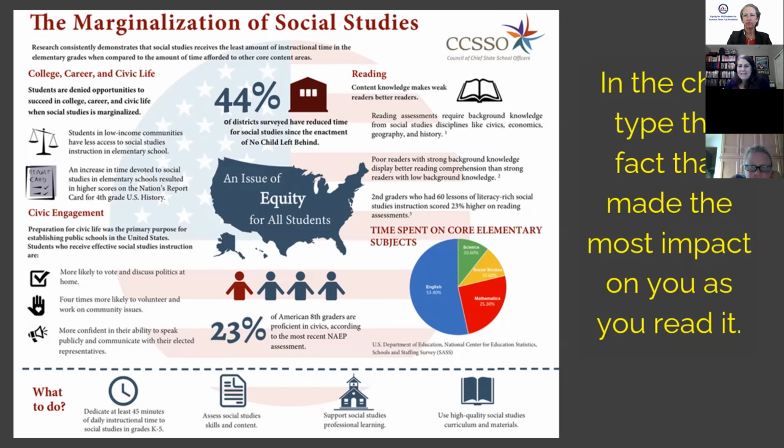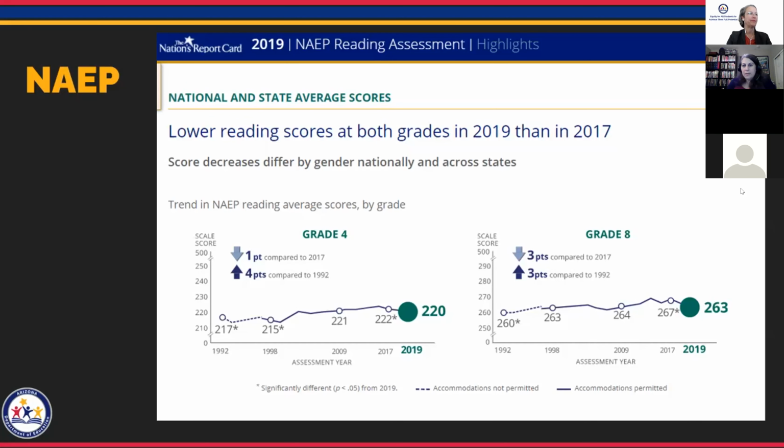So that content and background knowledge is very important, because a lot of the exam questions on these standardized tests, they have to give informational text about something. Many times it's informational text about social studies. So let's go on to the next slide.